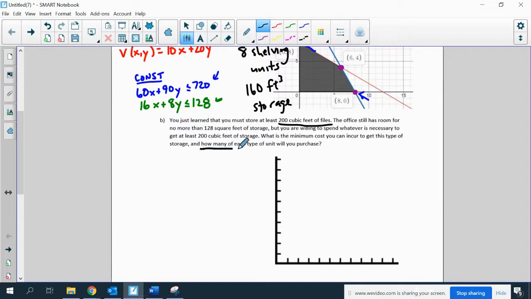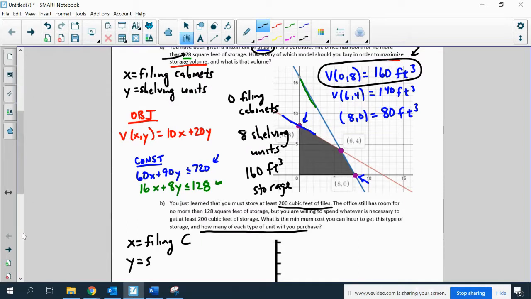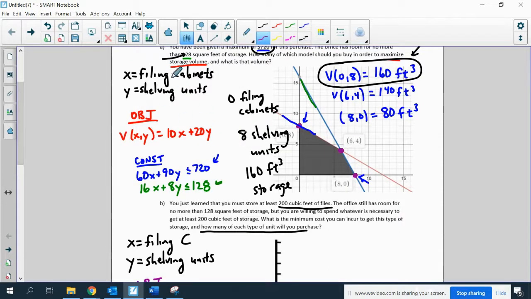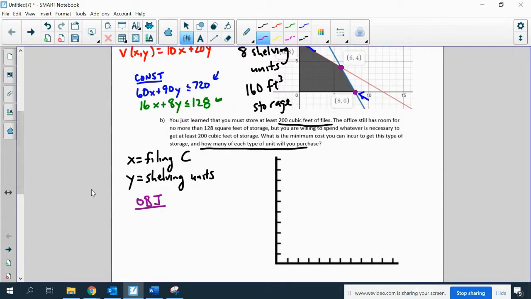So now in order to figure this out, let's look at the question. We still want to have filing cabinets and shelving units. But our new objective function, the objective has changed, because we used to want to have the maximum volume given a cost, but now we know we have to have at least 200 cubic feet of files.